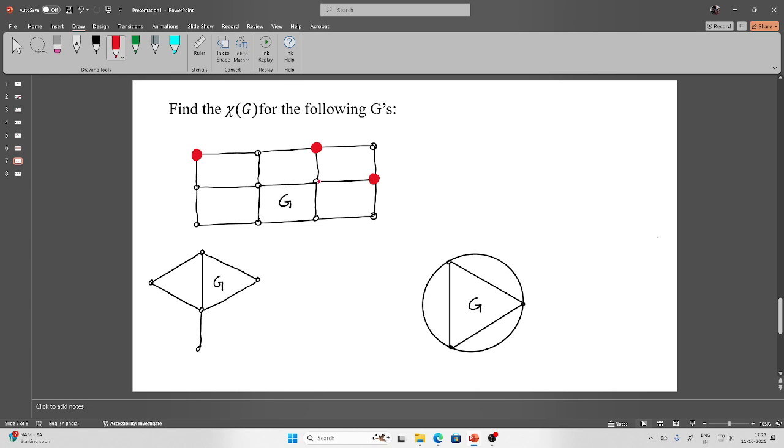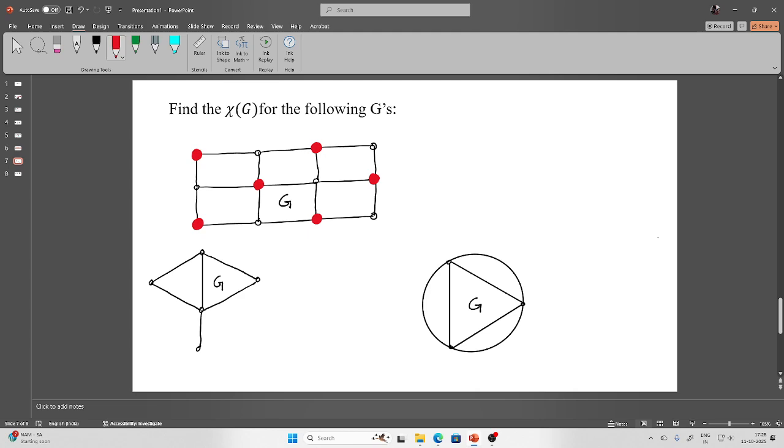Can I paint this red? No, because this is already red. Can I paint this red? Yes, I can. Can this? No. Can I? Yes. Can this be painted red? No. Can this be painted red? Yes.